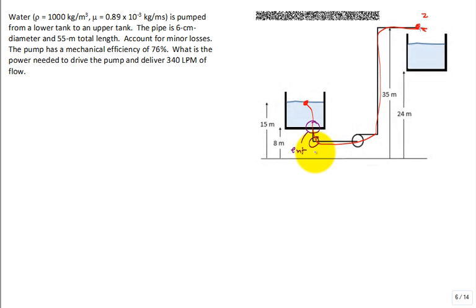What's this one? Elbow. What's this one? Elbow. What's this one? Elbow. Do I have a loss coefficient for the discharge? Not in the open, but when I have a discharge that's submerged, yes, because all that kinetic energy is dissipated. And it's a discharge coefficient K of 1 on a submerged discharge.